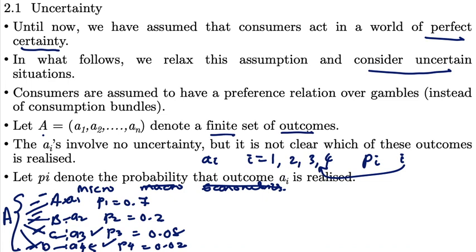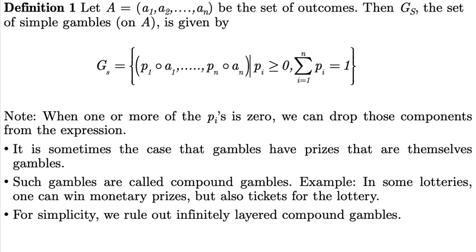Alright, now if we try to put all of this in a formal way, it can be defined as in definition 1. Let's look at definition 1. Definition 1 says that let A be a finite set of outcomes that consists of A1, A2 until An outcomes.